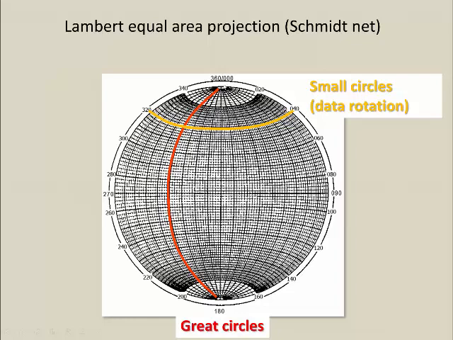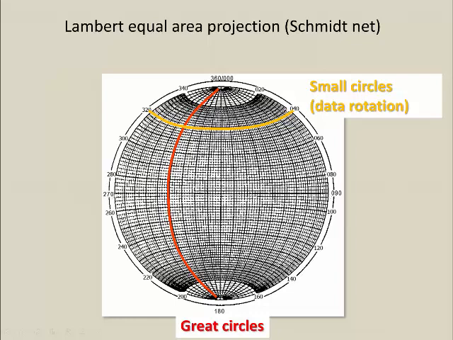Great circles run always from the north to the south, and there are plenty of them. Not only this red one you see here, they go in all kinds of directions, and they are usually shown in 2 degree intervals. That is what we call the great circles. The small circles are running here from east to west, and they are shorter, closer to the north and south of the stereonet, and they are longer here in the center.